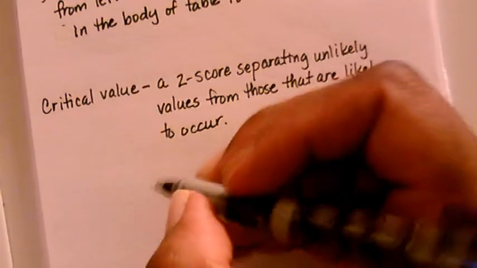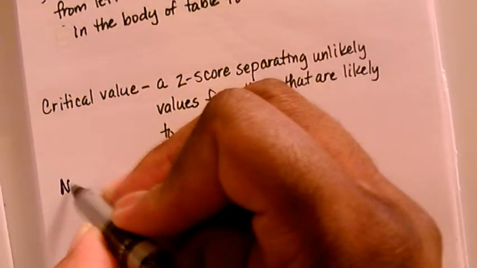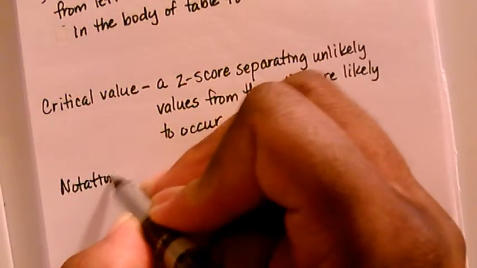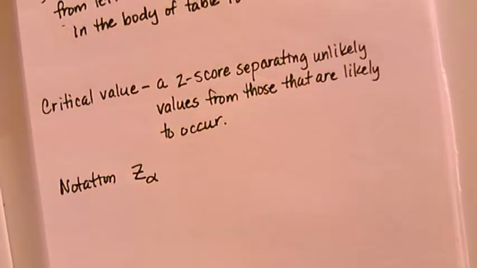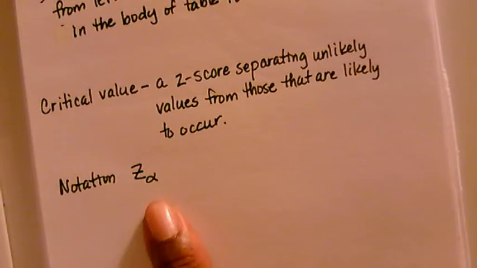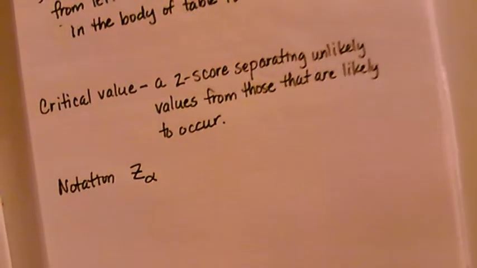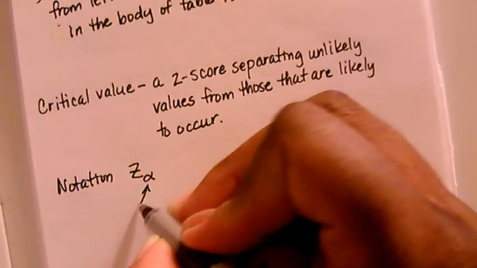And the notation for that is this. Z, and that small symbol that looks like a fish, that's the Greek letter alpha.